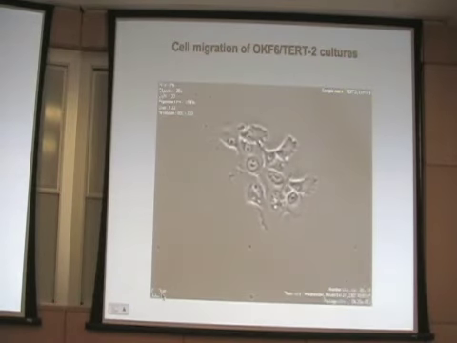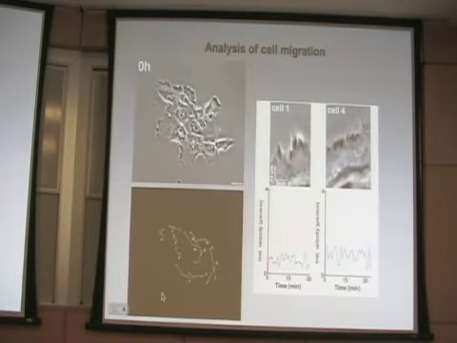When you analyze this movement with the Metamorph software, you're able to create this migration path, and you can really see that these cells have a non-synchronous, random movement, and if you do this kymographic analysis, you can see that the protrusion velocity, or the instantaneous velocity, ranges from about 1 to 1.5 microns.